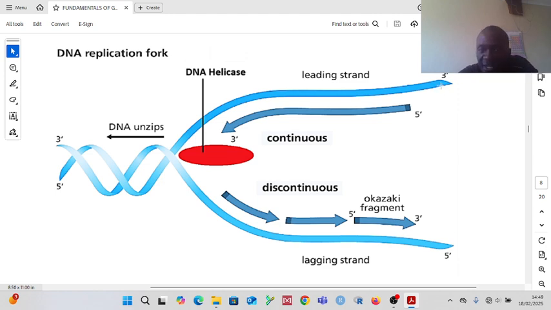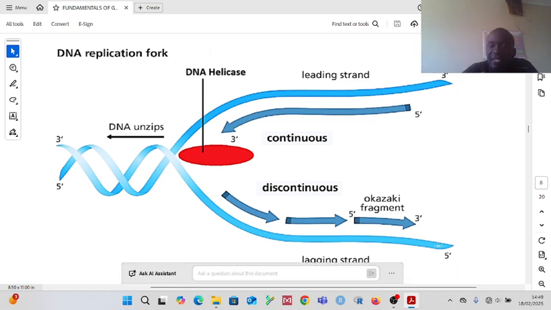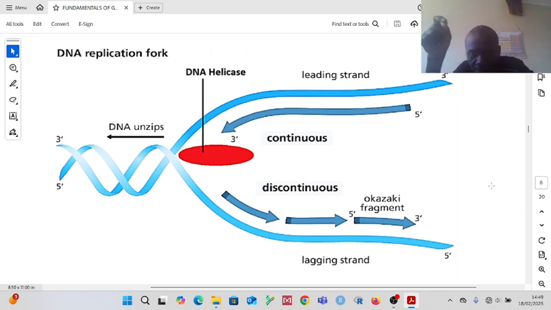This is a single strand. This is another single strand, but both of them are the original strands that made up the double strand that we had. Now, this single strand will act as a template, and this other strand will also act as a template in the creation of the new strand.